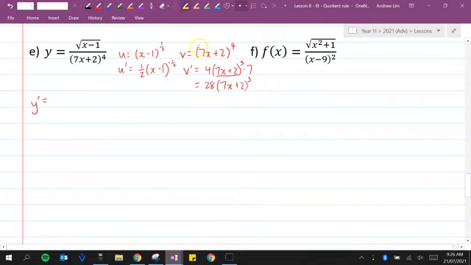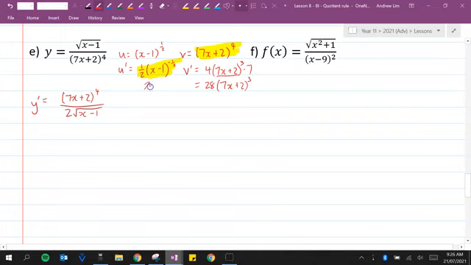So I'm going to be timesing these two together, except this power negative half, I'm just going to put it in a denominator as in surd form. So we've got (7x plus 2) to the power of 4 all over 2 lots of the square root of x minus 1.